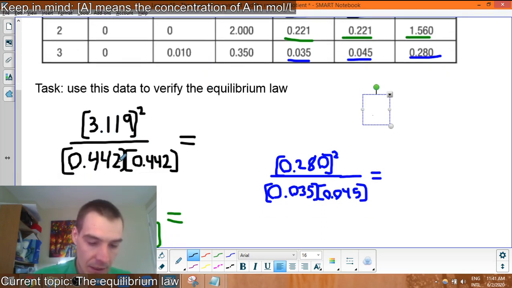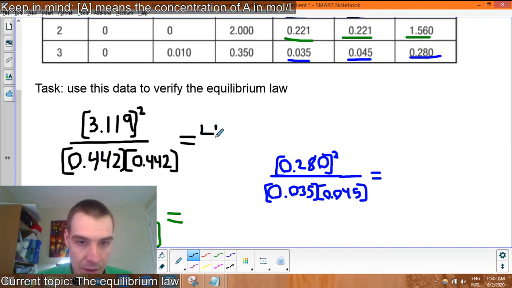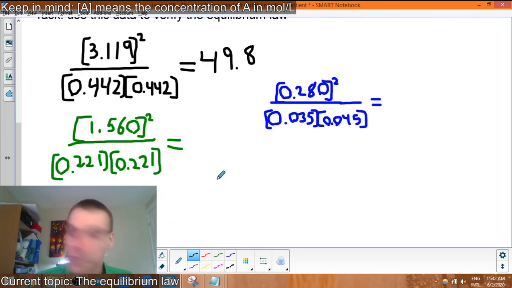So 3.119 squared divided by 0.442 times 0.442, I get 49.79, so 49.8 for that one. For this one, 1.560 squared divided by 0.221 times 0.221, I get 49.8.